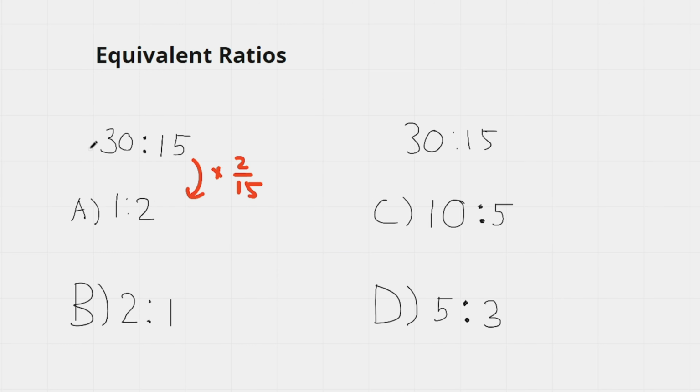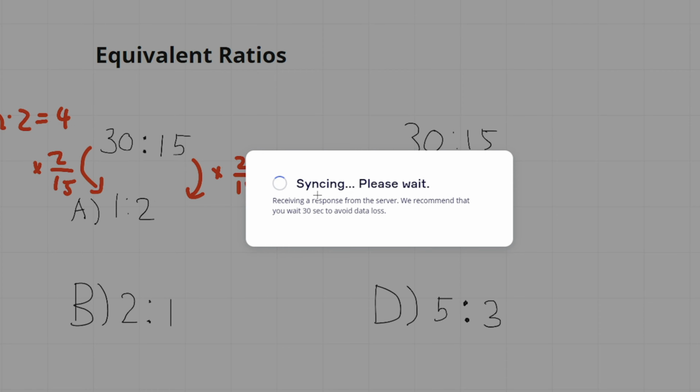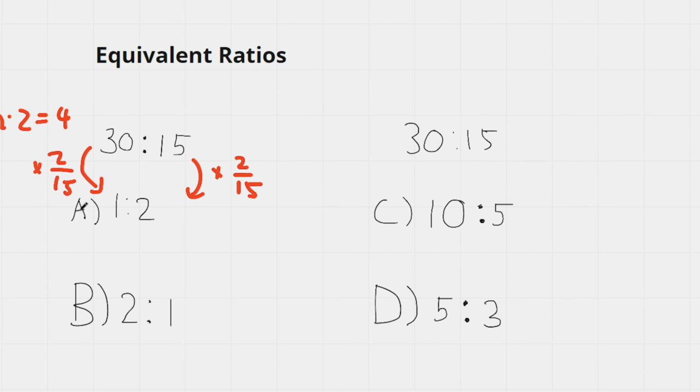Let's do the same thing to 30: 30 times 2 over 15, and you would be left with 2 in the numerator when you divide 30 by 15. So 2 times 2 is equal to 4. This is not correct. It would have to be 4 and 2.